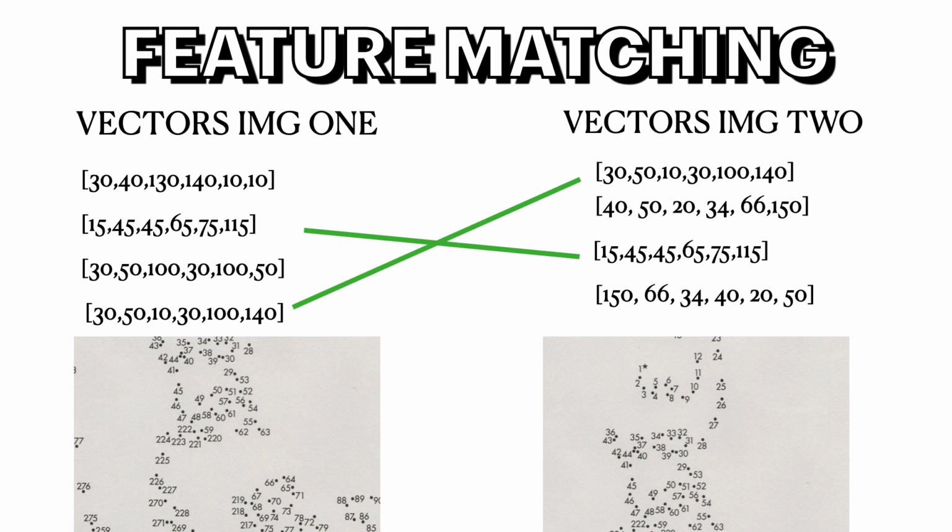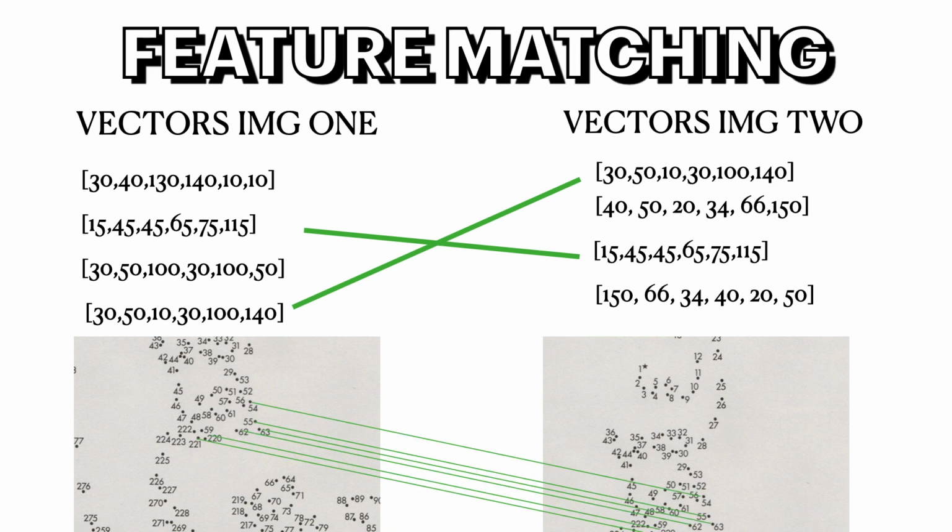So you can see that these two sets of vectors are identical, meaning that we have found the same point in image 1 as exists in image 2. If we were to apply this visualization to the images below, then we can see we join up the dots with the same local neighborhood, which also happens to correspond to the same dot and therefore the same number. But all we've done is found the dots and looked at the angles between them to identify them.